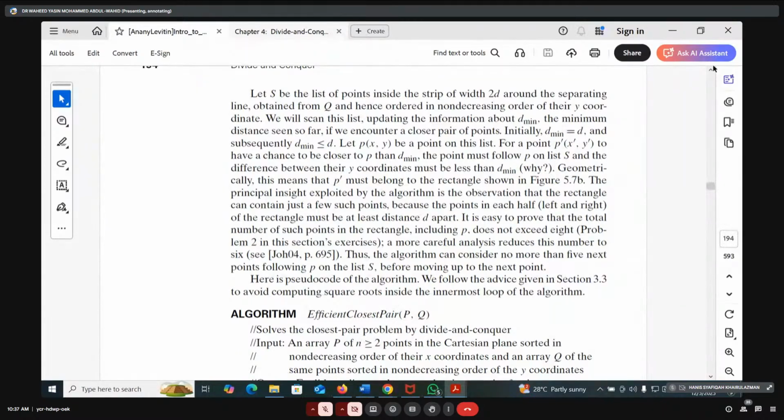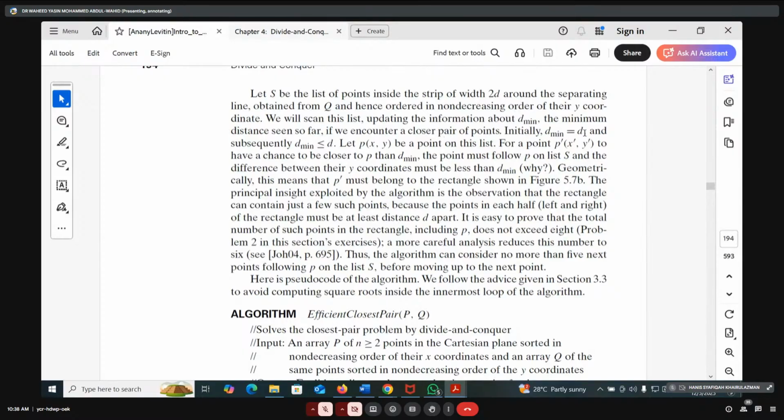Now, let S be the list of points inside the strip of width 2D around the separating line, obtained from Q, and hence ordered in non-decreasing order of their y coordinates. We will scan this list, updating the information about D min, the minimum distance seen so far, if we encounter a closer pair of points.